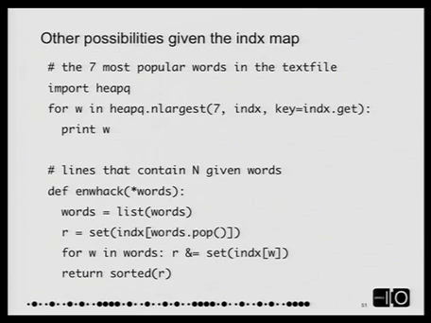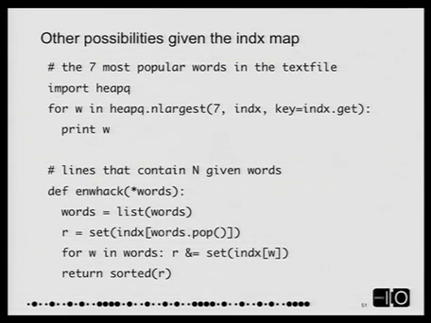Specifically, it's exposed as heapq.nlargest. Give me the n largest items of a certain collection. And the n we want is 7, the collection is index, and we get to define the key extractor for the comparison. So key=index.get means we're not getting the 7 alphabetically largest, but the 7 whose corresponding value in index is largest.